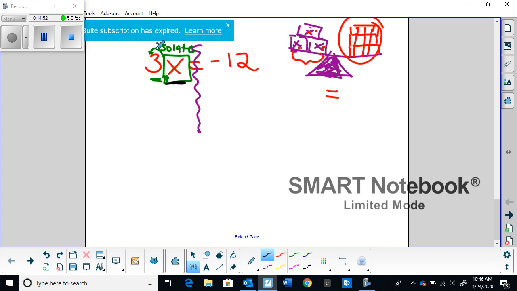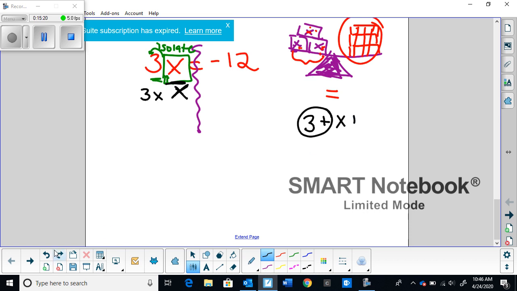So how do we get x by itself on this side? Well, what is this really saying? This is 3 times x. So how do I get rid of something? Let me use opposite operations with addition and subtraction to show you. 3 plus x. How do I get rid of the 3?